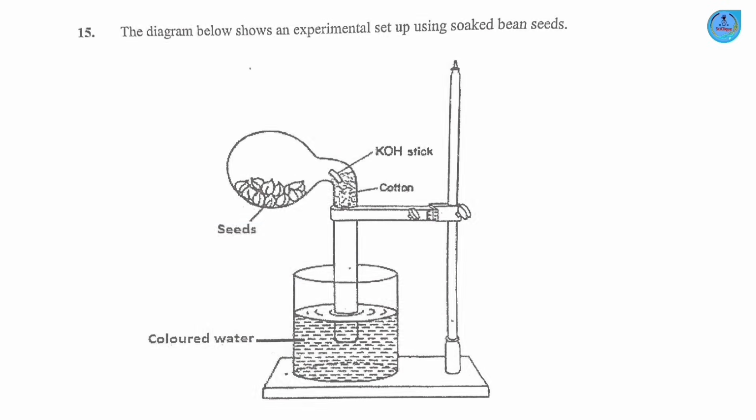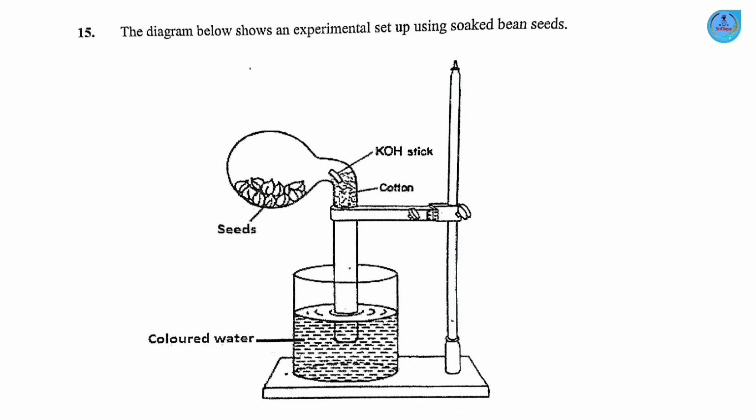Moving on to our next question. The diagram below shows an experimental setup using soaked bean seeds. Okay, let's take a moment to look at our diagram. So we have a retort flask containing soaked bean seeds.